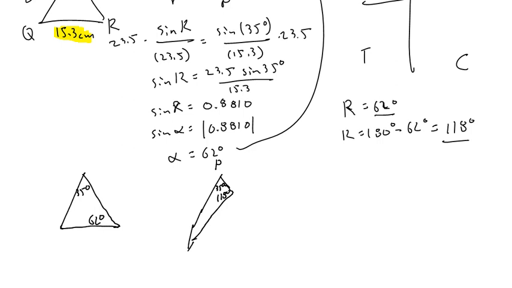That's our PQR and PQR. Notice that both of these triangles are possibilities here. With the information we've been given, we're either going to end up with the angles 35 and 62 on these two corners, or we're going to end up with 35 and 118. So angle R is either going to be 62 degrees or 118 degrees. We don't know which. Both are possible.